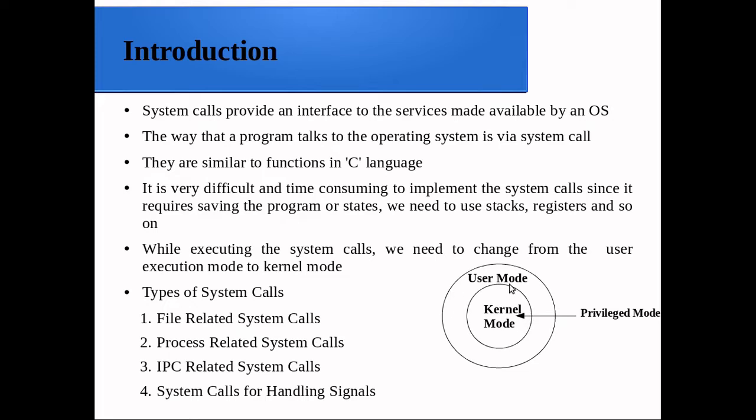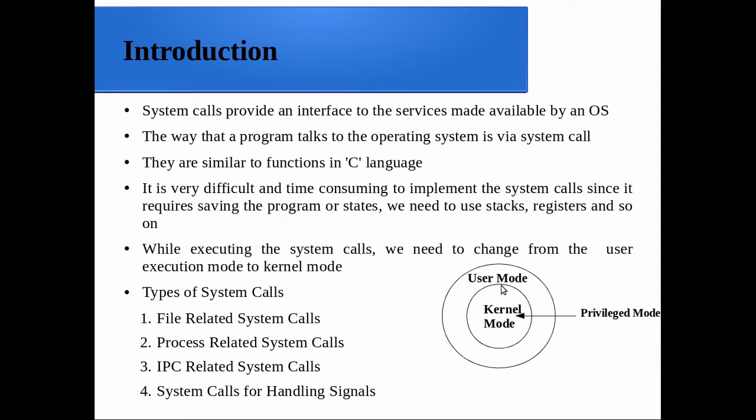But if the program is running in user mode and happens to crash, the entire system does not crash. So the user mode is a safe mode. We call user mode the safer mode, though kernel mode is the privileged mode.